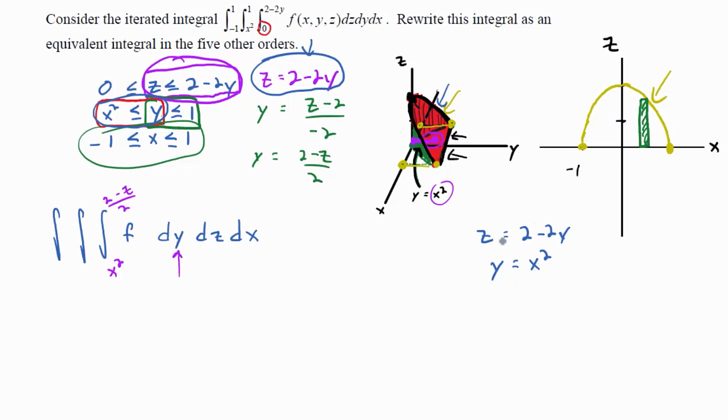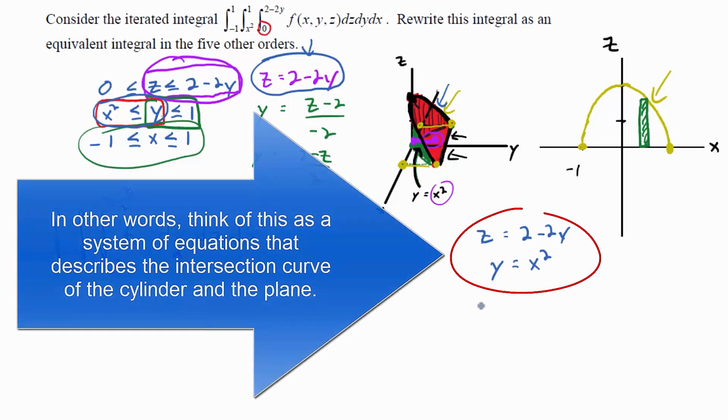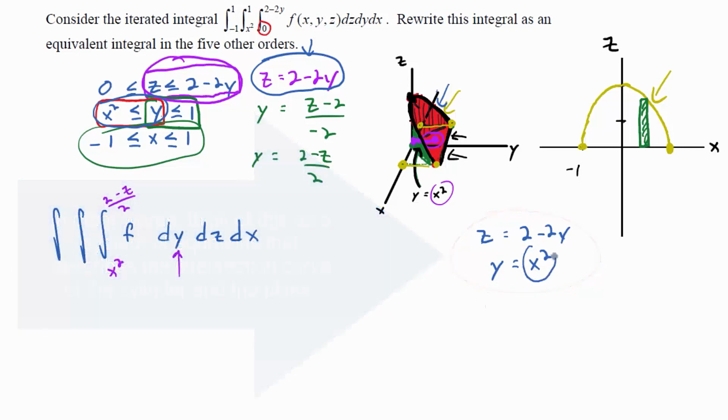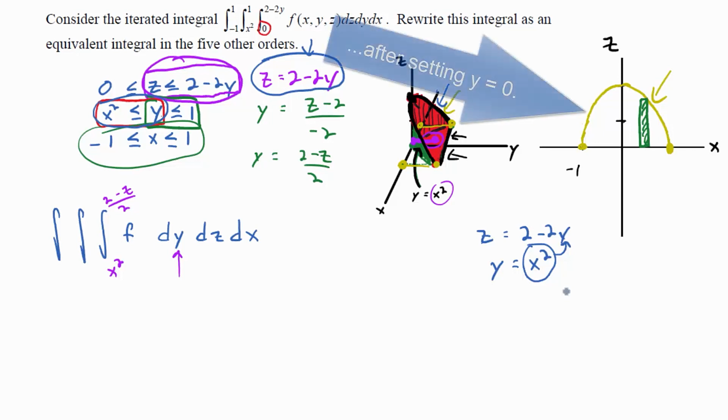So we know that z has to equal 2 minus 2y. So it becomes a sort of substitution method here to find the equation of that curve, it was black in space, and then I turned it into yellow. Just replace y with x squared, and that should be the equation of that curve in yellow.